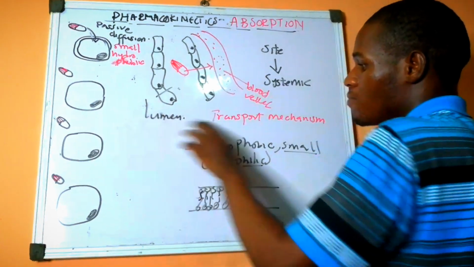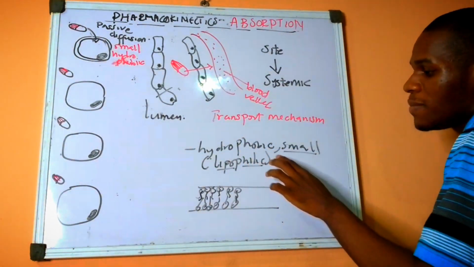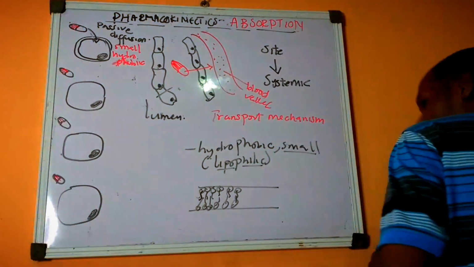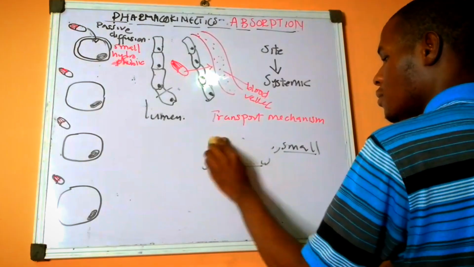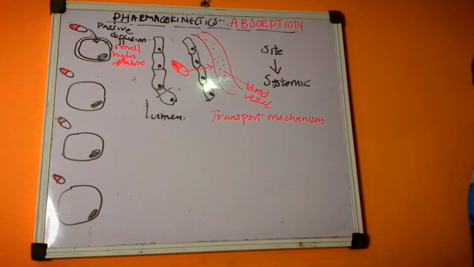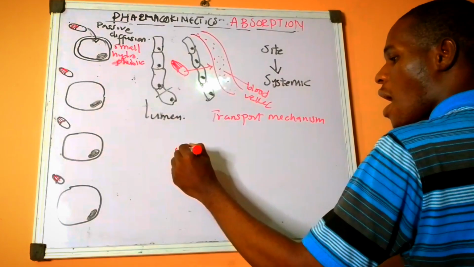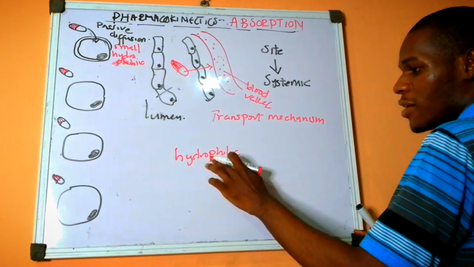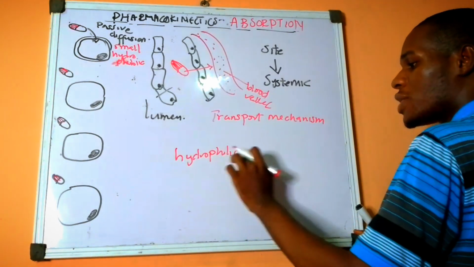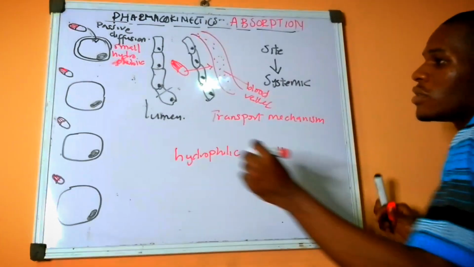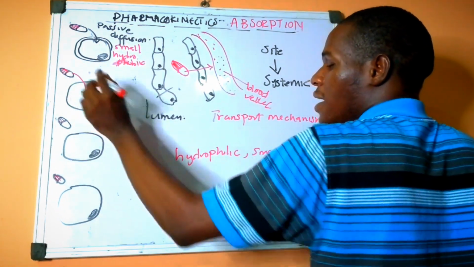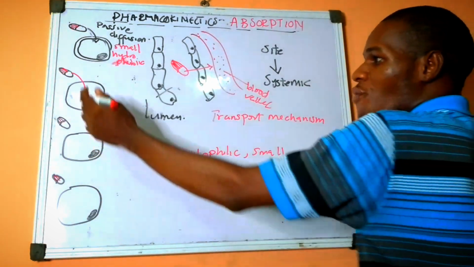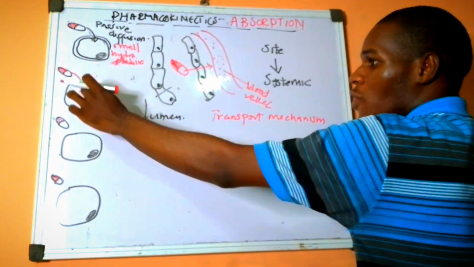We now have another transport mechanism in which the drug might be hydrophilic. That means the drug might be water loving, and also the drug is small. So if I have a hydrophilic, hydro, water loving, small drug, this drug entering into the lipid bilayer would require certain carrier proteins to facilitate its movement from a region of higher concentration to a region of lower concentration.